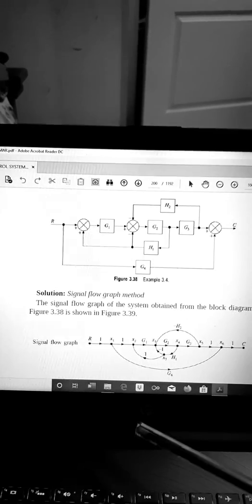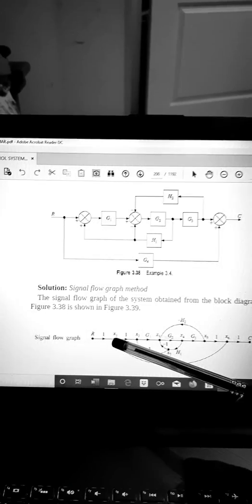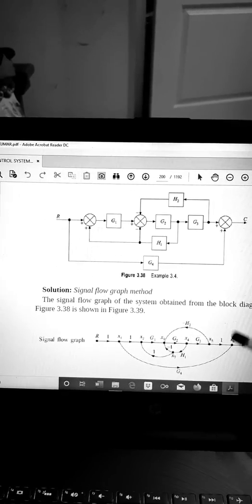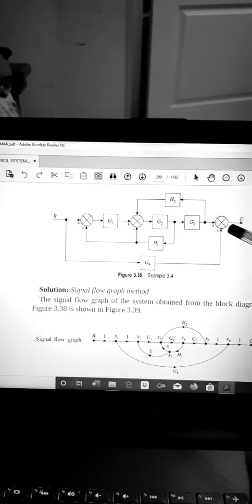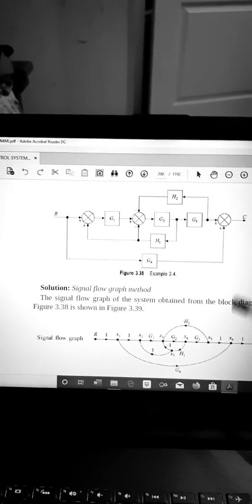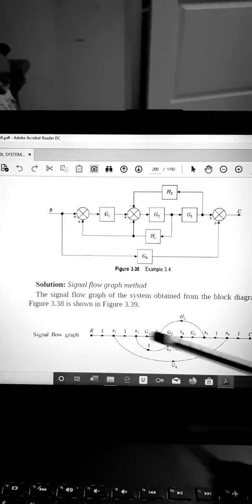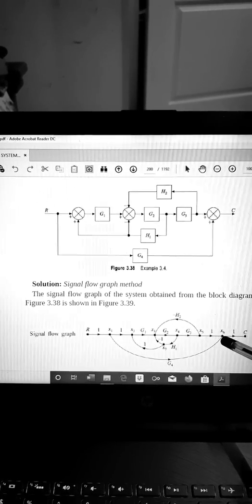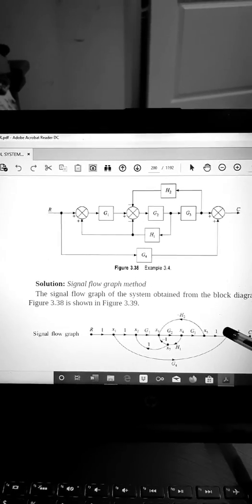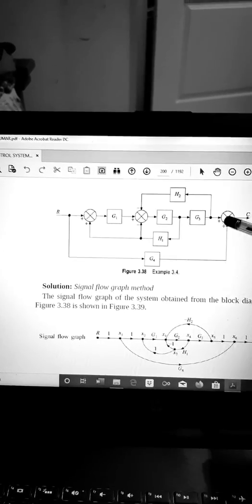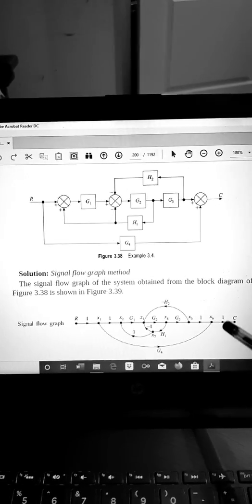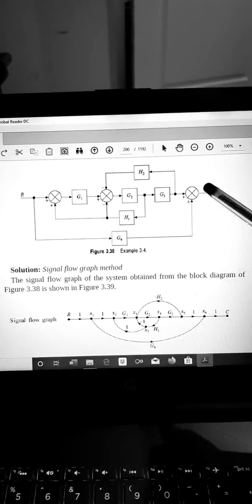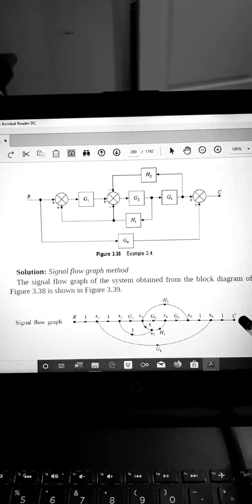Okay, after that this is the feedback path, and that is another node. You have to give the incremental number as the suffix to the node. So this will become x6. After that there is a gain 1 because there is no block here, so gain 1, and it is going to C.